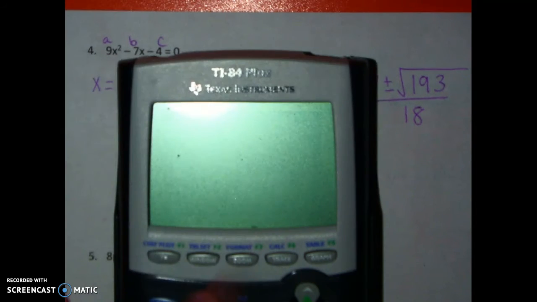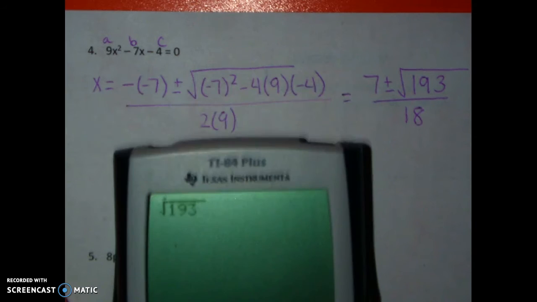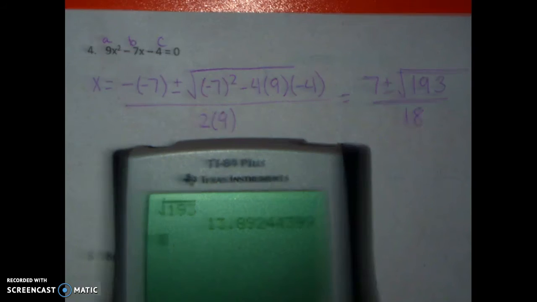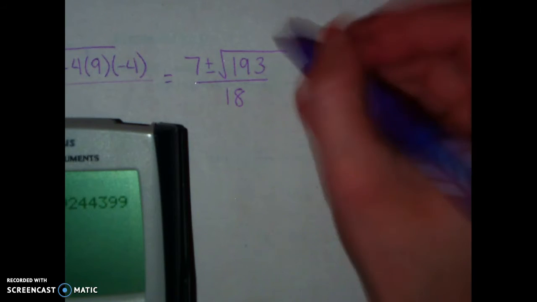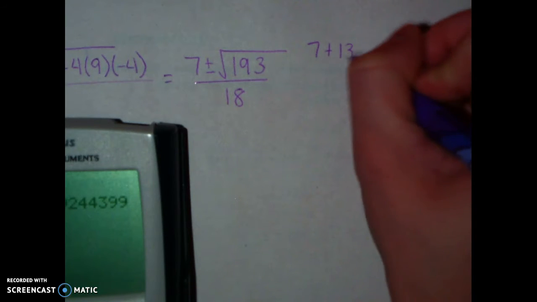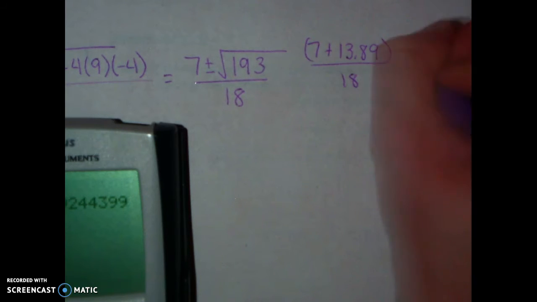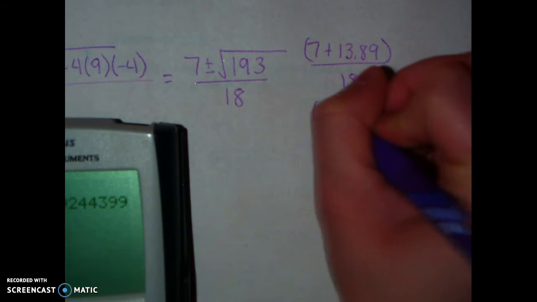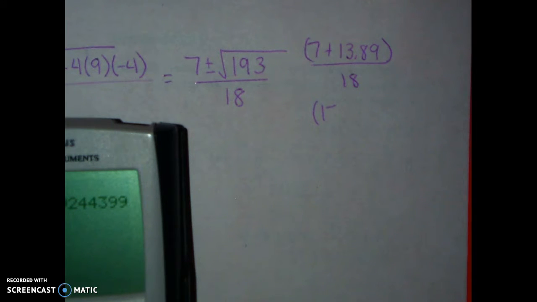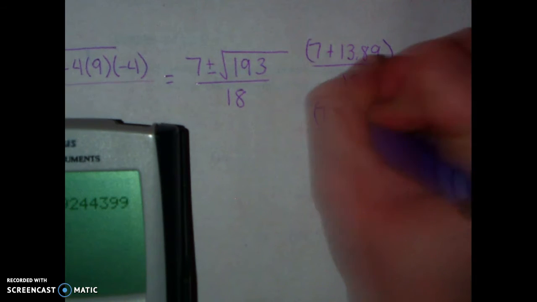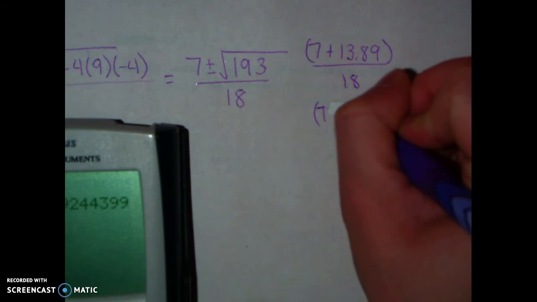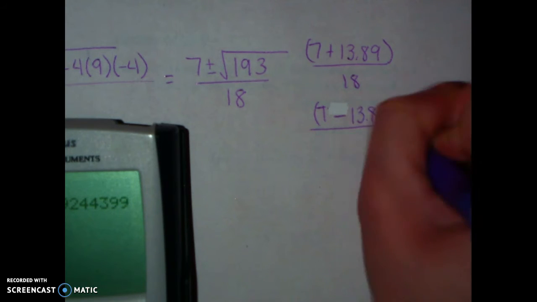Okay, the square root of 193, oops, you can't see that, sorry, is 13.89. So over here, it would be 7 plus 13.89 divided by 18. And 7, almost put 17, 7 minus 13.89 divided by 18.